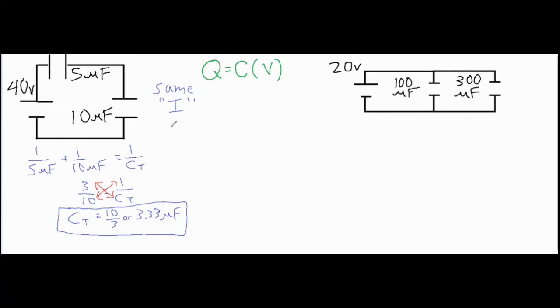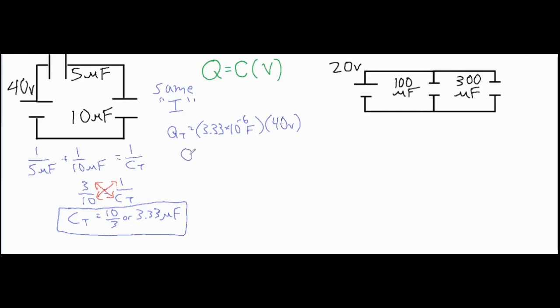So if we have Q, and I'll put QT for total, equals the total capacitance of 3.33 times 10 to the negative 6th farads because it's micro. And then I'm going to go ahead and multiply that by our total of 40 volts, which is in our original picture.